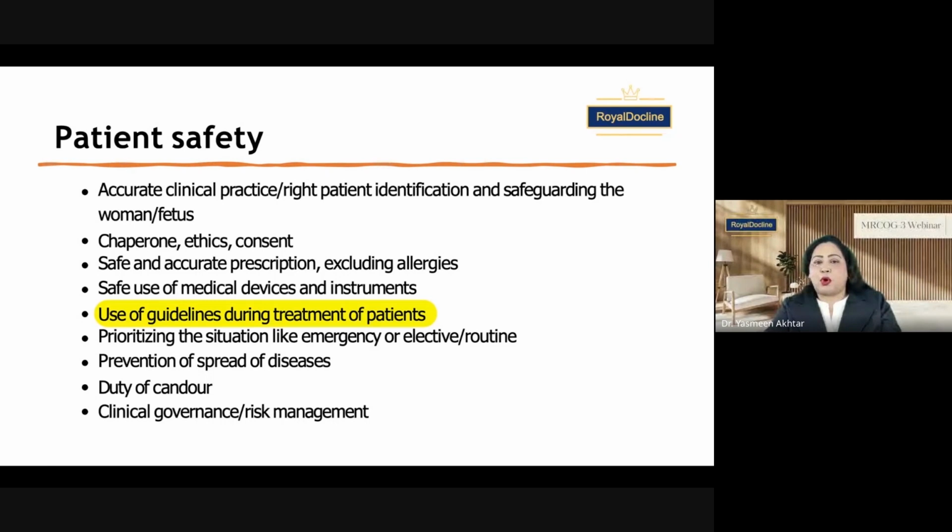All of these points and words: chaperone, ethics, consent, safe and accurate prescription, excluding allergies, safe use of medical devices and instruments, like how you are using the forceps, how you are using the vacuums, what type of vacuum, whether sterilization was done or not, whether the patient was explained or not, and whether you assessed that she is a real candidate for vacuum extraction or forceps. These are all the things required about medical devices and instruments.